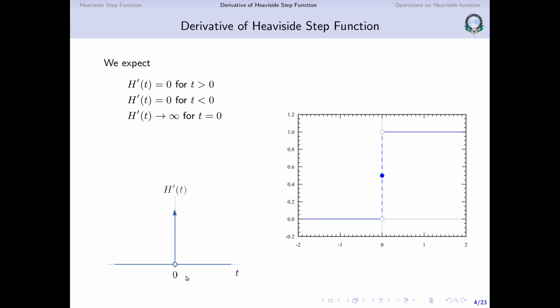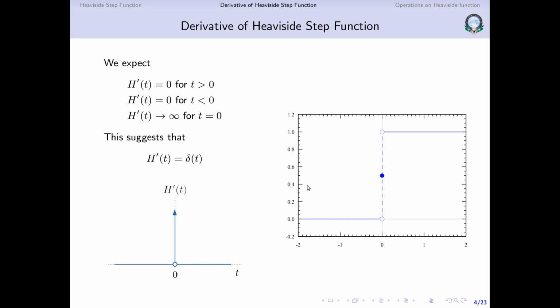Now when we look at it, you immediately recall that this is nothing but the Dirac delta distribution. So it suggests that if you differentiate the Heaviside step function, you should get the Dirac delta function, or to be mathematically correct, the distributional derivative of the Heaviside step distribution is nothing but the Dirac delta distribution.